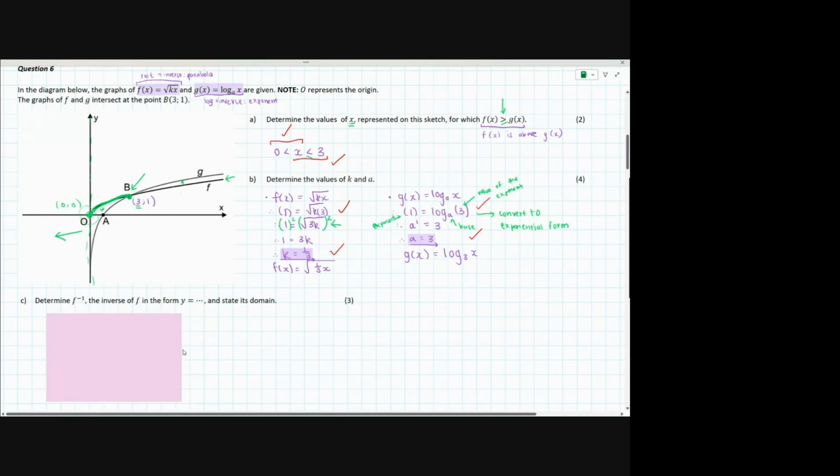Alrighty, question C is asking you to determine f to the negative 1, the inverse of f, in the form y equals. Right, so there is a reason why I wrote down f over here. I now have the equation. I'm going to use that to find the inverse. So again, 3 minutes. I want you to tell me what the inverse equation is here, and it's in the form y equals.